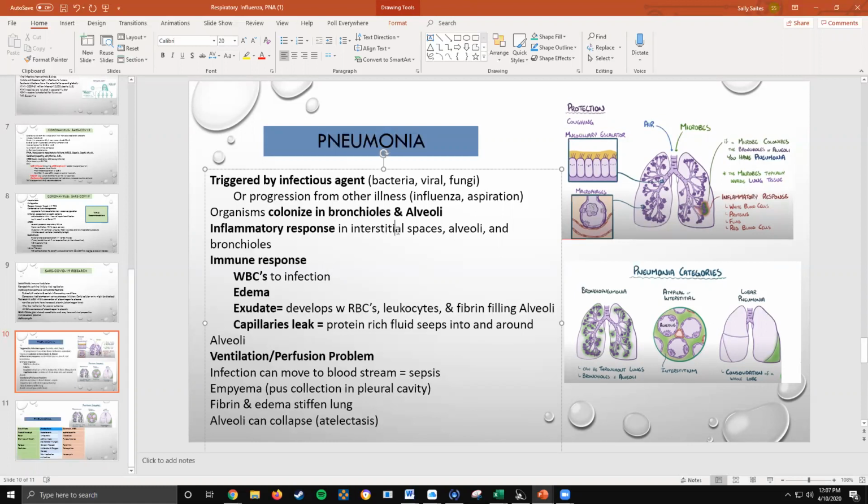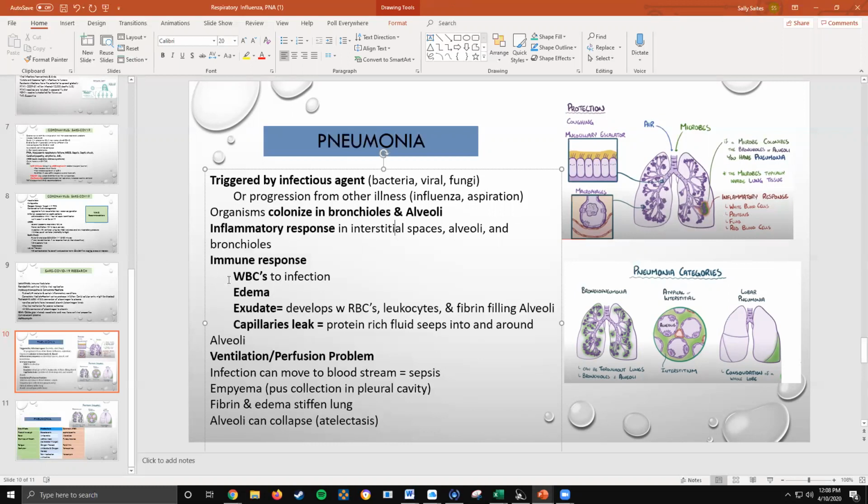So inflammatory response in the interstitial spaces, the alveoli become inflamed, the bronchioles become inflamed. The inflammation takes away some of that ciliary movement, so things get exudate and everything gets blocked. It can't move the exudate or pus out of the alveoli or out of the tubules.